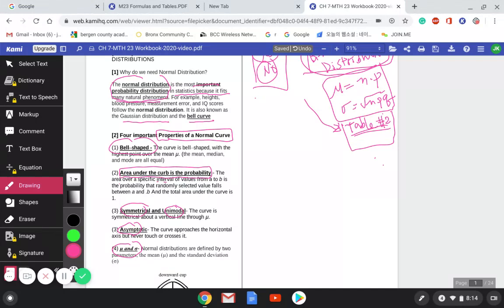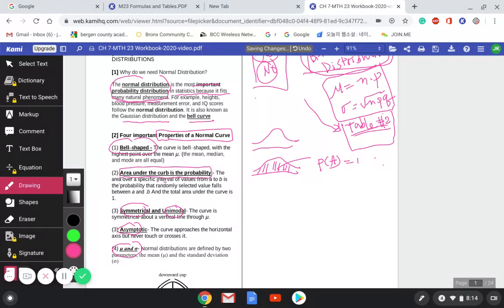So in other words, the normal curve looks like a bell shape. And not only the bell shape, the area under it is probability. And the total area is always 1.